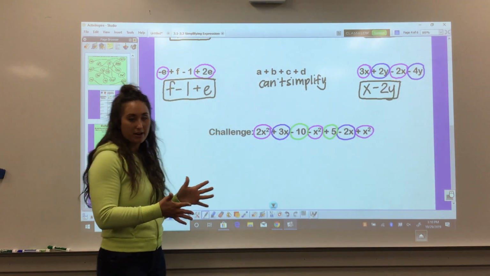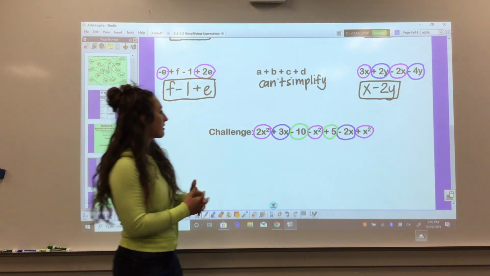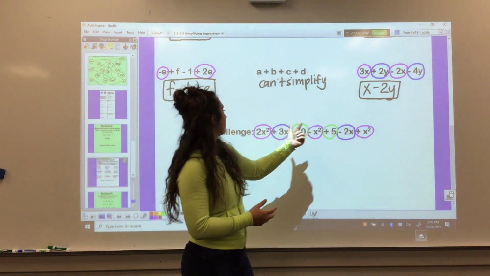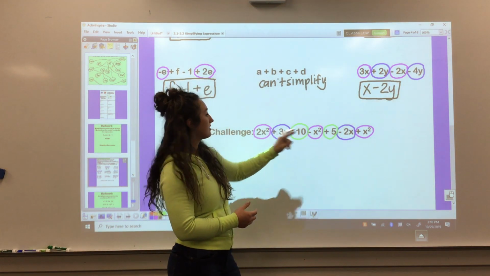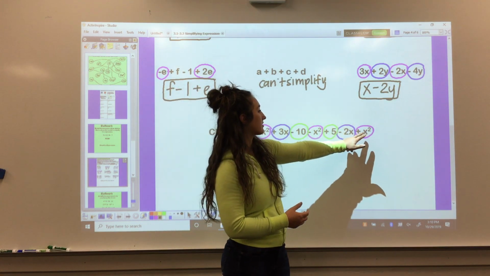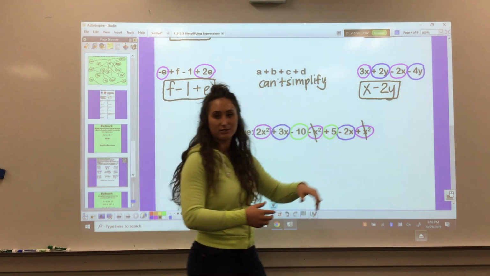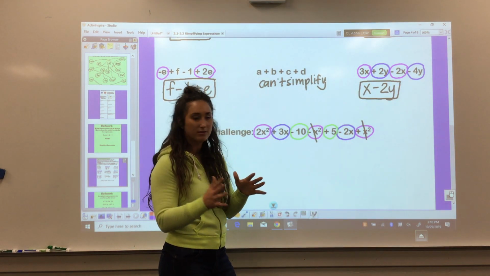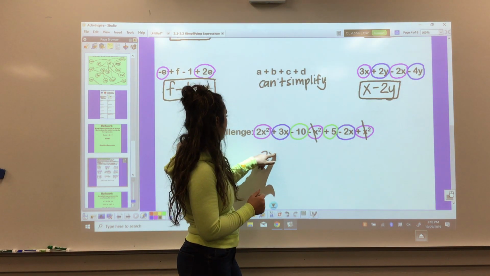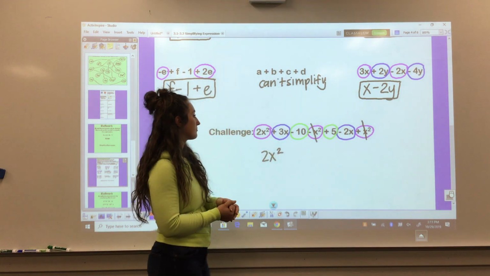So it's looking pretty right now. Let's combine though. 2x squared, negative x squared, positive x squared. Well, right away, negative x squared and positive x squared, those are zero pairs, those go away. So really, you're just left with 2x squared.